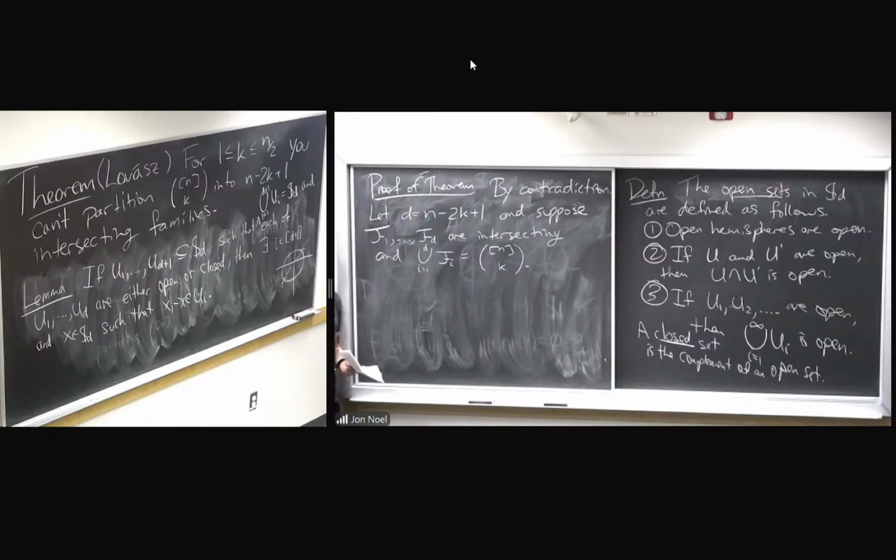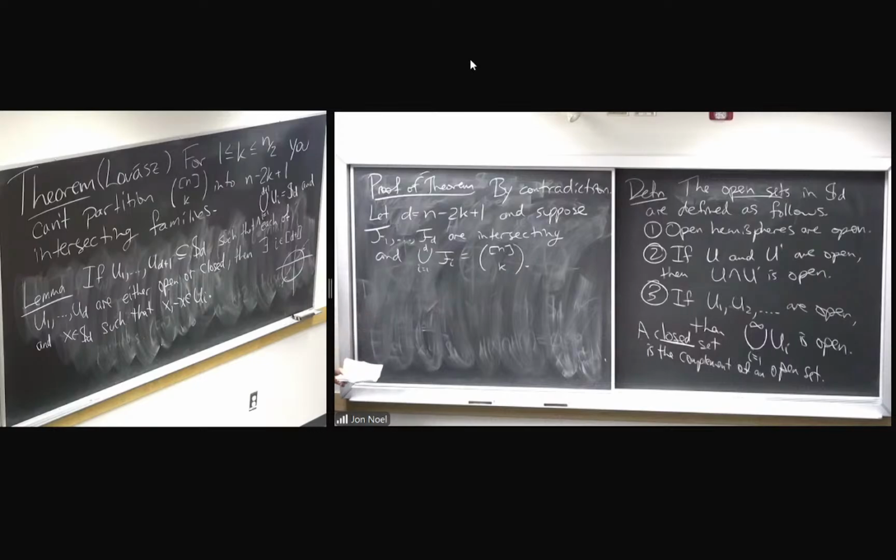Now, how do we get the sphere into this? So I've got this ground set, the numbers 1 up to n. I want to represent those numbers 1 up to n by points on the sphere. I don't have to be very careful how I do this actually.